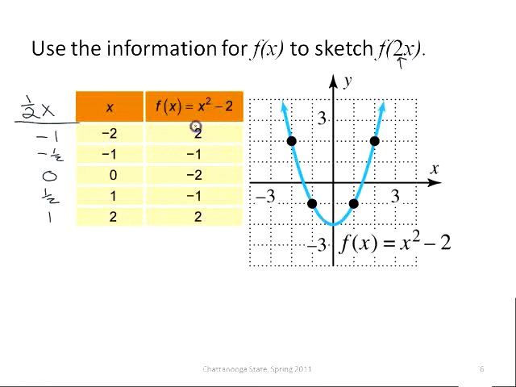So now I use this column for my x column and this column for my y column. So I have the points -1, 2, -1/2, -1, 0, -2, that point didn't change, 1/2, -1, and 1, 2.